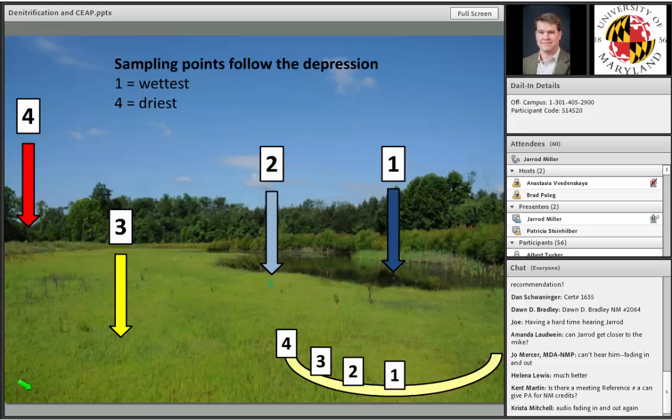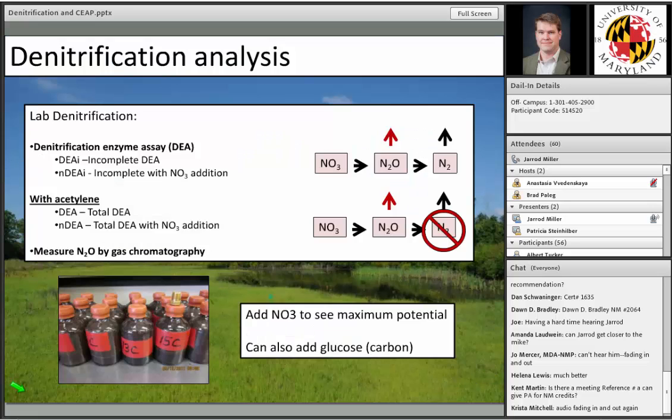In our lab, for our DEA analysis, we had your typical, your incomplete, where you're measuring N2O, and then we did a nitrate addition. So if nitrate comes into the system, how much of it would be denitrified? How much would be processed? Would it increase reaction? Then you add that acetylene, and that's the one that blocks it going from N2O to N2, so you get that total, which is measured as N2O by gas chromatography.